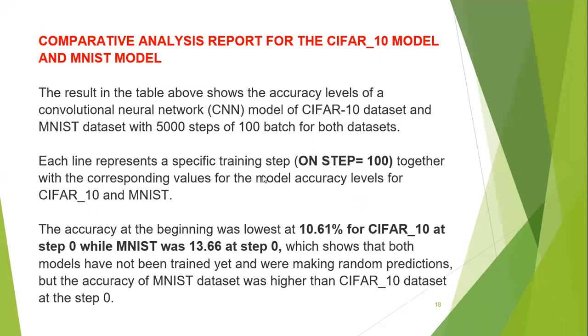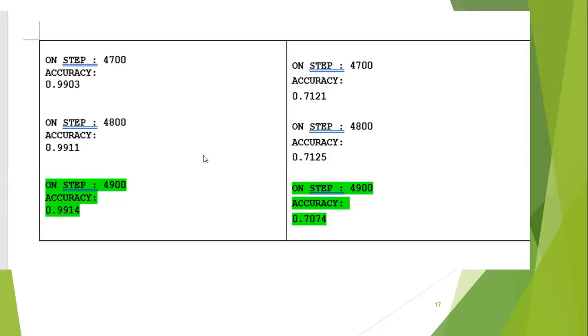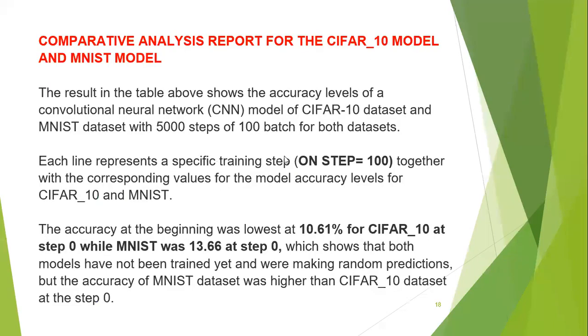And then we compared our analysis on the different models, the MNIST and the CIFAR-10 model, and you can see the accuracy level of both data sets at different steps. Each line in our training represents a step of 100 batch step.